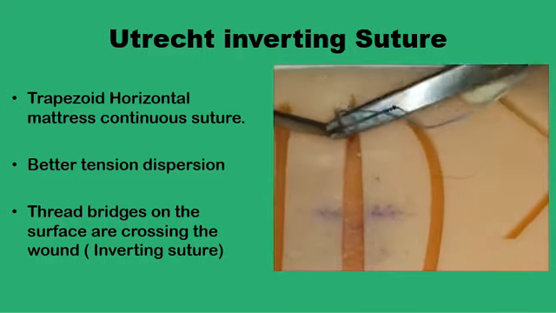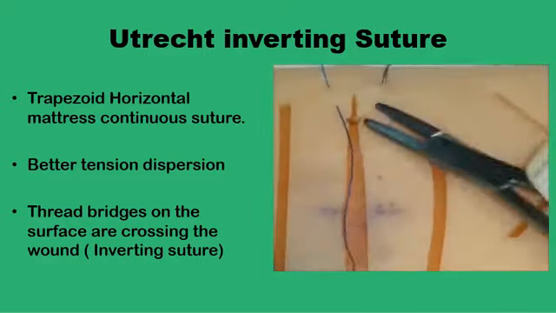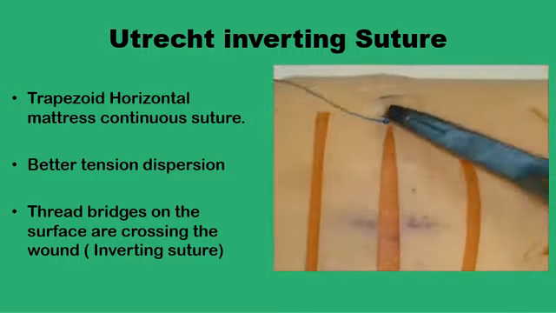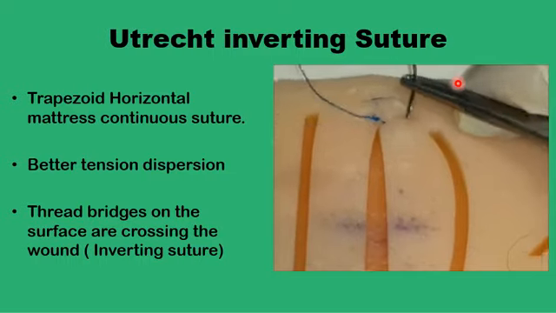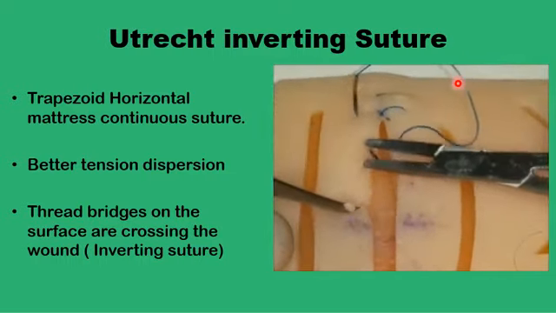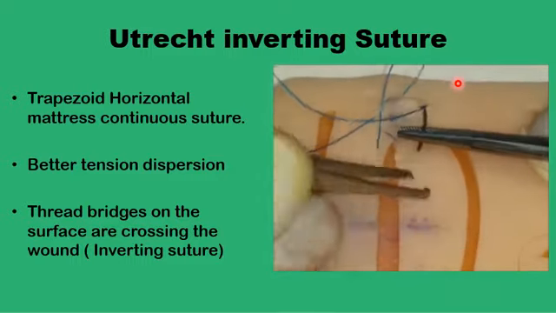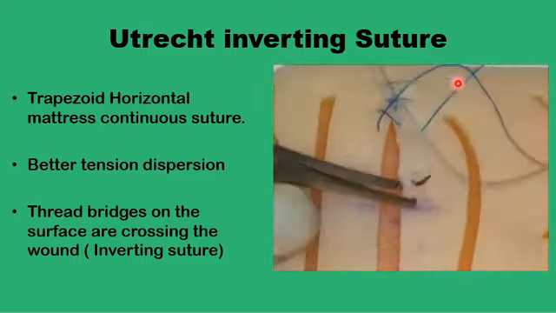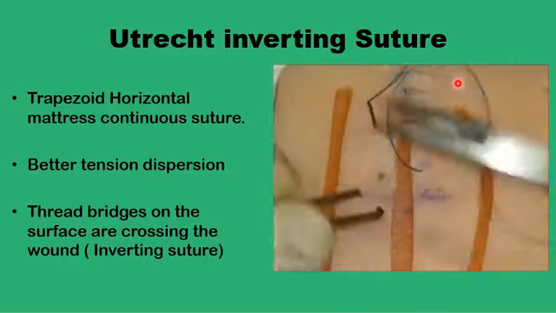And then to the Utrecht inverting suture, which has a trapezoid configuration, starting with the anchoring suture just below the level of the apex, from near to far, from far to near, and this is the anchoring first stitch, and then repeat the same units, far to near and far to near on the other side.